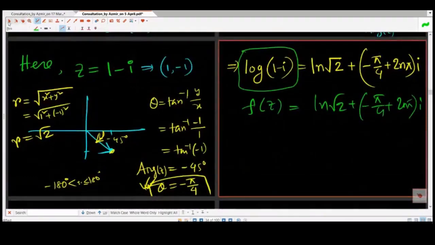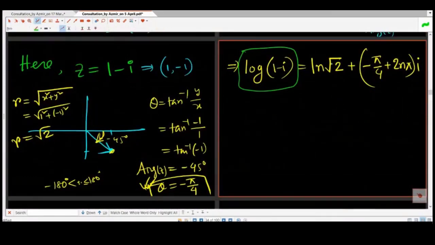So here we can understand that this function is a multiple valued function, because if we input n equals 0, plus minus 1, plus minus 2, and so on, we will find different results, different outputs, and all outputs are known as branches. So we will have many branches.